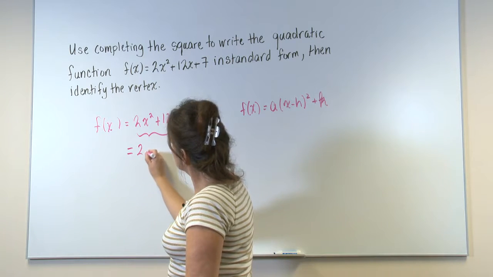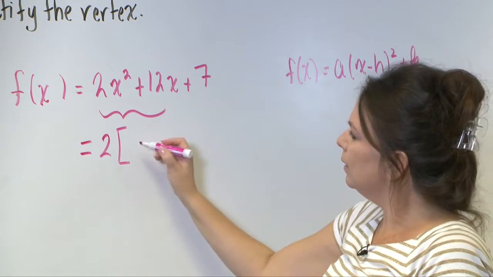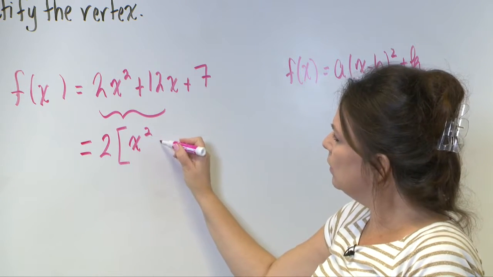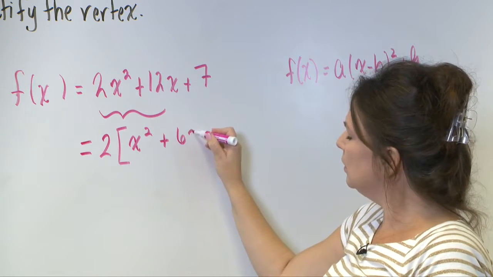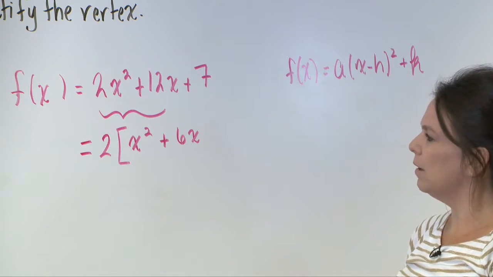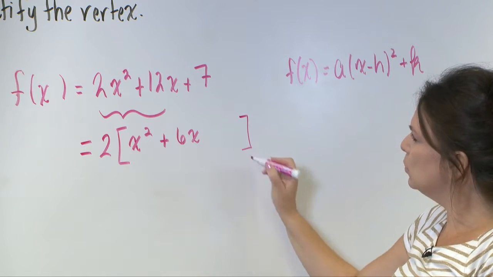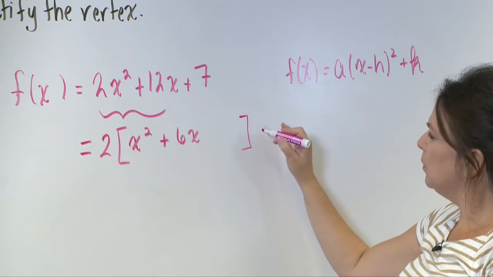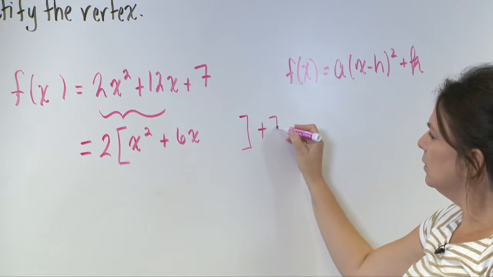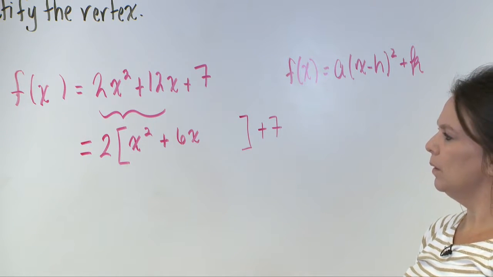So that is, I'm going to factor out a 2 from the first two terms. And if I do that, then I have 2 times the quantity x squared plus 6x, and I'm going to deliberately leave some space here, and I'm going to come back and address that in a minute. And then I'm going to close the square bracket, and I'm going to put this plus 7 down here outside of the square bracket.